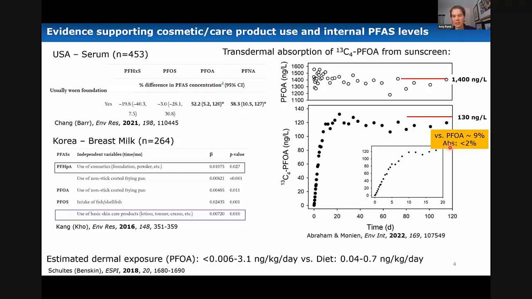And while this is considerably lower than oral bioavailability, where almost all of the PFOA exposed would be absorbed from the GI tract, it still translates to a potential situation where we may have daily application of a sunscreen containing PFOA during the summer months, which would consequently result in a very high plasma concentration.